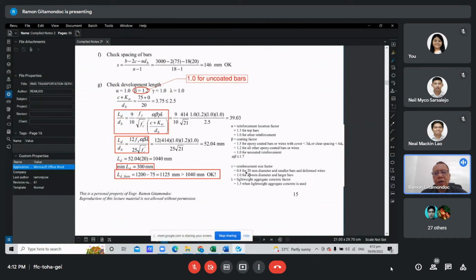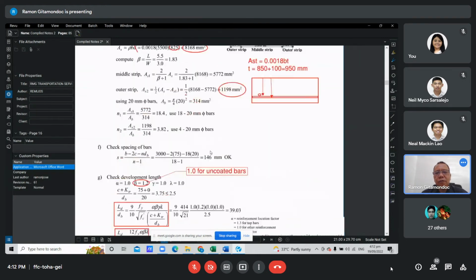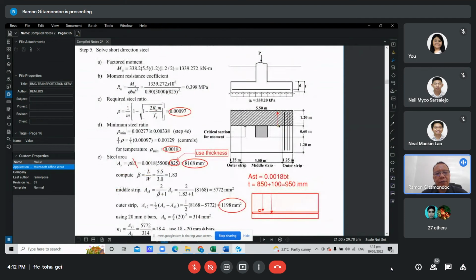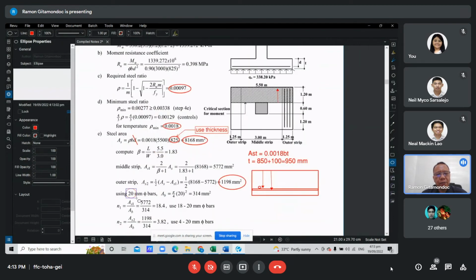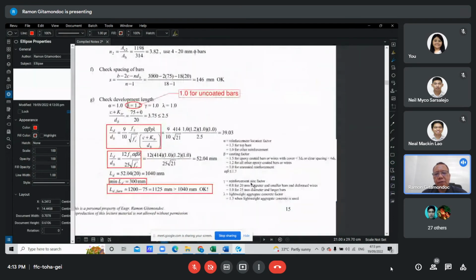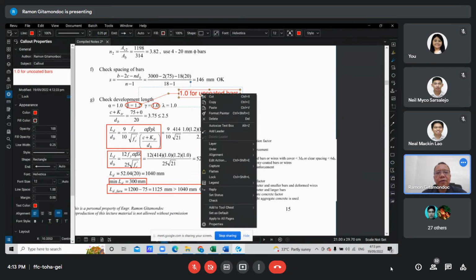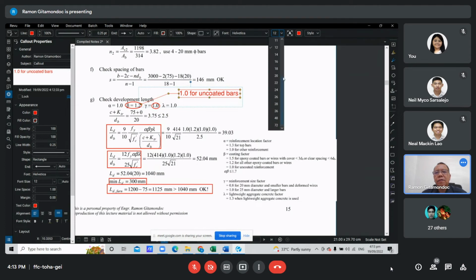Looking at this, it should be 0.8 for 20 mm diameter and smaller, and 1.0 for 25 mm diameter and larger. So therefore, this is 0.8.